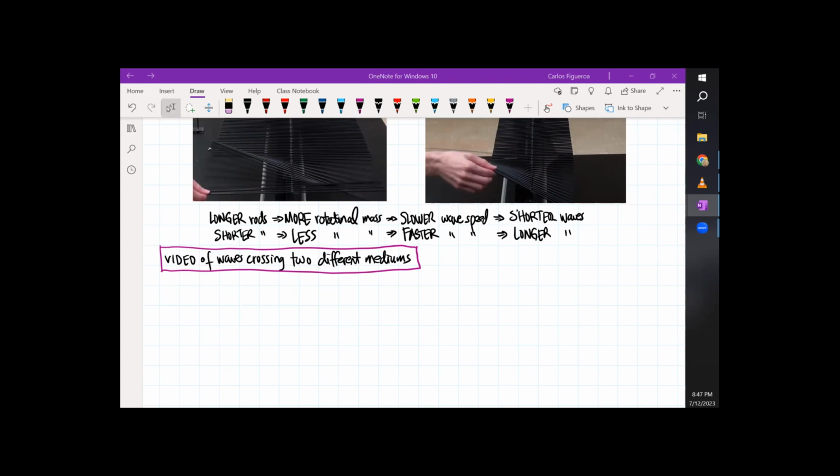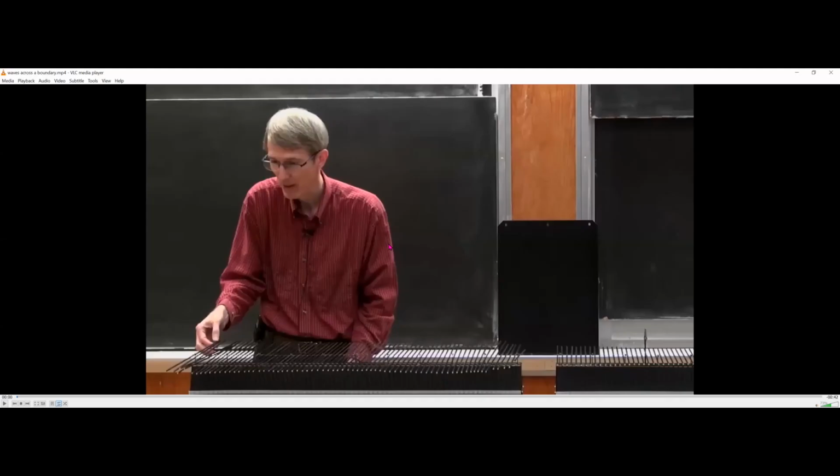So here we go. So here he is, and you could see here that the first wave machine that he has his hands on has longer rods. The second one has shorter rods. So now I want you to pay attention to the wave speed. Don't pay attention to the waves. You can see the wavelength as well, but pay attention to the wave speed. So then check this out.